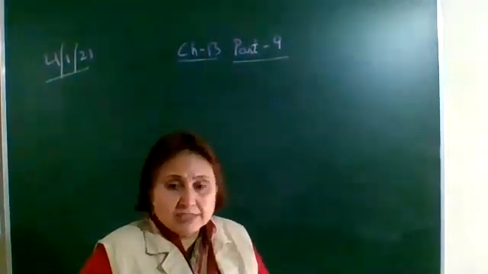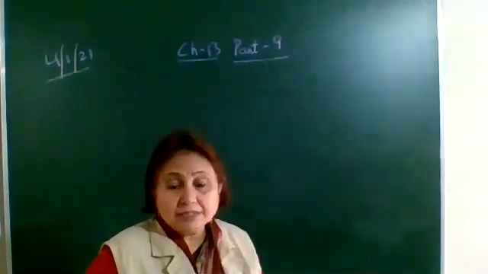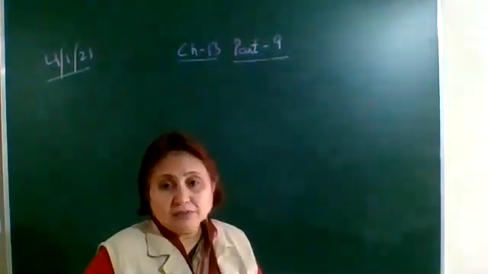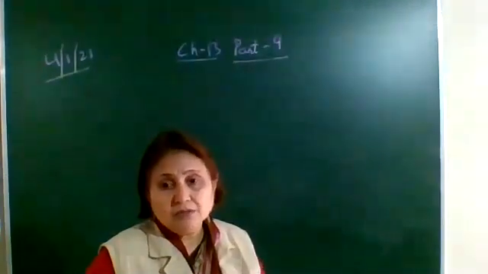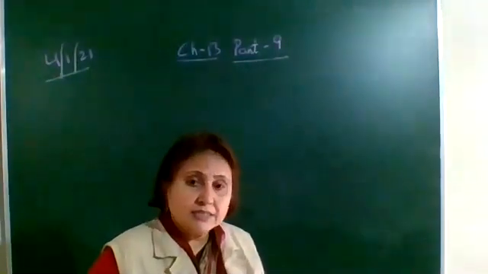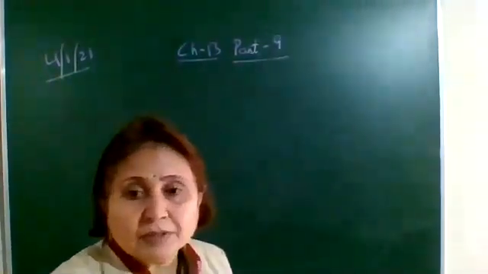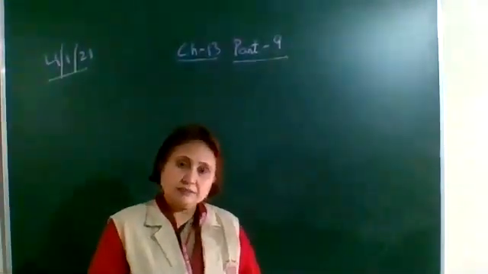So any current carrying conductor, when it is placed in a magnetic field, experiences a force. And this force, we have also discussed on what factors it depends. It depends upon the current. The more the current in the wire or in the conductor, the more force it will experience. The second is the length of the conductor. The more the length of the conductor, the more will be the force on that conductor.